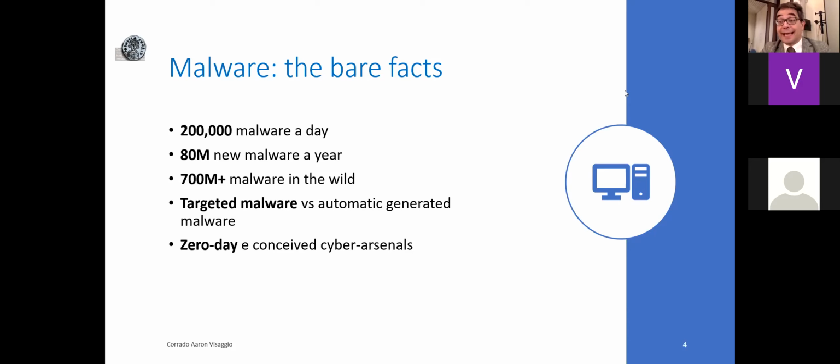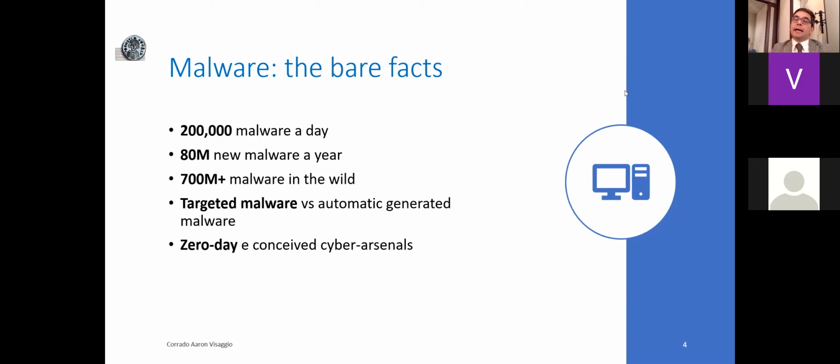Nowadays, we have 200,000 malware a day. This is the daily production of malware. It's a really huge number. And this daily production entails about 80 million new malware a year. 80 million new malware.